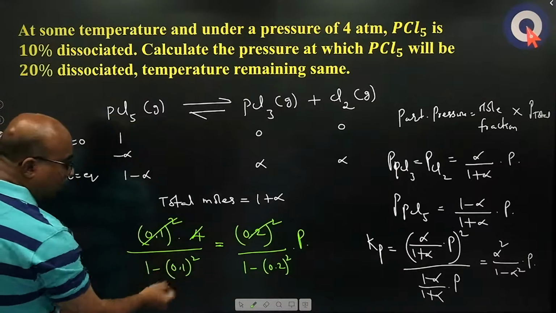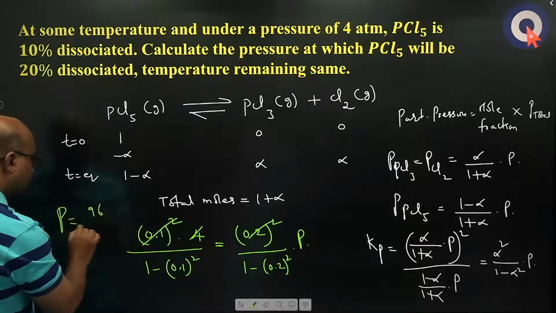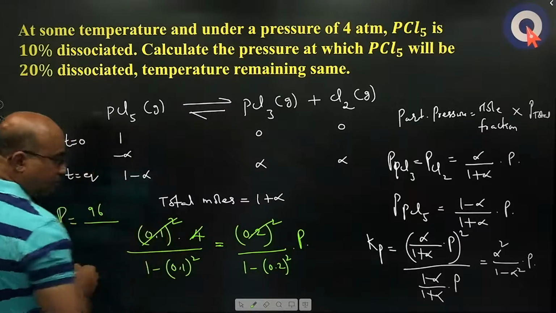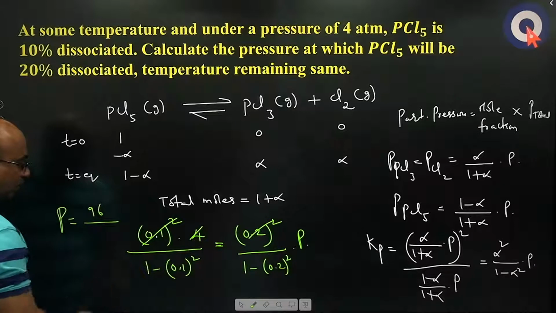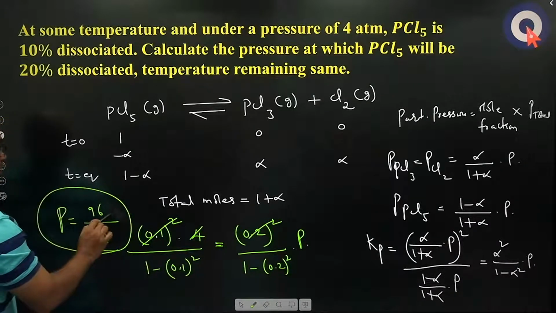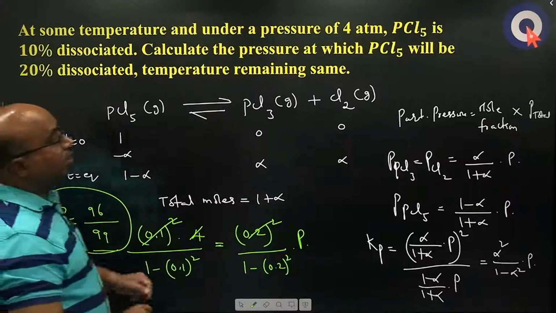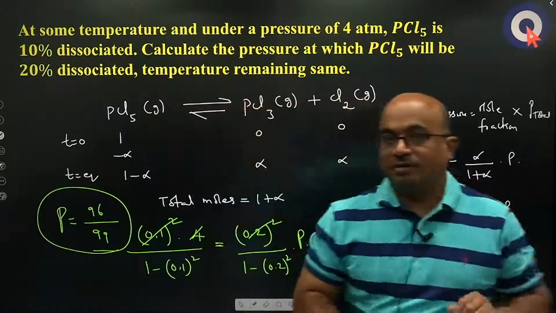This is 0.01. So the partial pressure is nothing but 0.96 by 0.01, because it comes to the numerator. So it is 96 by 99. This is the pressure in terms of atmosphere, because we are taking the P value in terms of atmosphere. Clear?